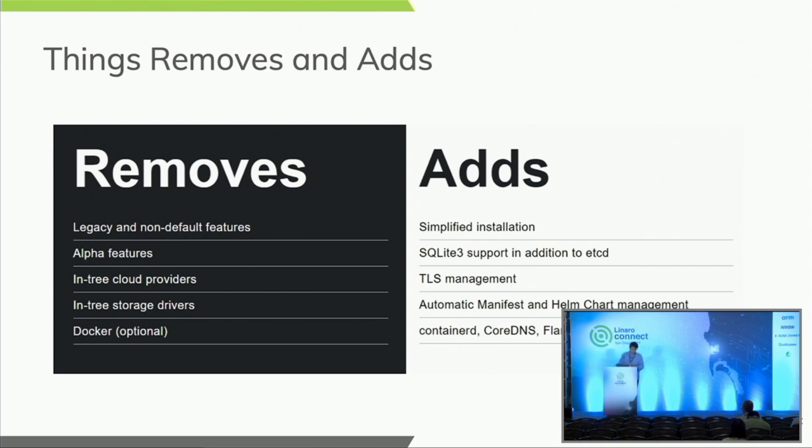And it has removed the in-tree cloud provider. What is a cloud provider? We can treat it as an API interface for talking with AWS, Azure, or OpenStack. It is an interface that lets Kubernetes leverage infrastructure as a service resources. But in K3s, we don't need this, so we removed it.